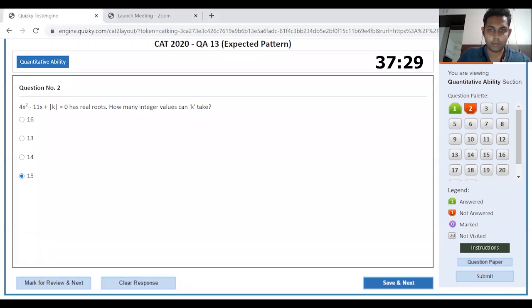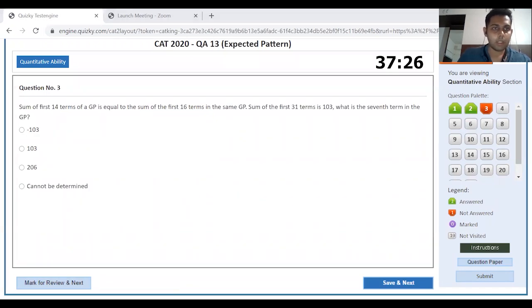Again, a sitter kind of question. Sum of first 14 terms of a GP is equal to first 16 terms of the GP. Okay, so basically what will be left is only AR 14, that is the 15th term will be equal to the negative of the 16th term.